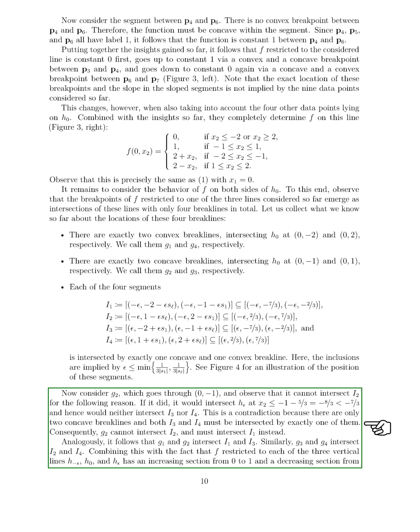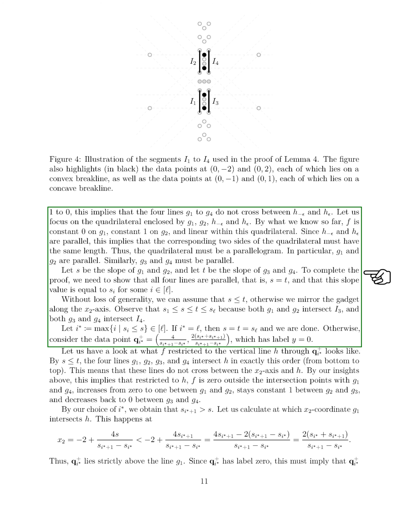Combining this with the fact that the function on each of the three vertical lines has an increasing section from 0 to 1 and a decreasing section from 1 to 0, we can conclude that the four break lines don't cross between h, epsilon, and h, epsilon. If we focus on the quadrilateral enclosed by the first two break lines and the lines h, epsilon, and h, epsilon, we can see that the function is constant 0 on the first break line, constant 1 on the second break line, and linear within the quadrilateral.